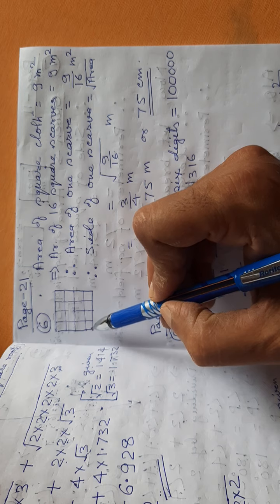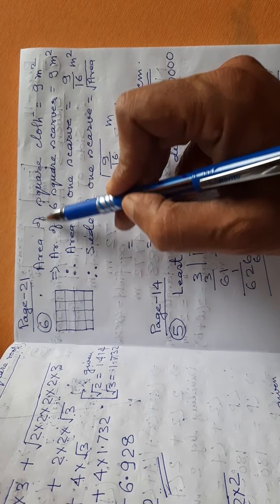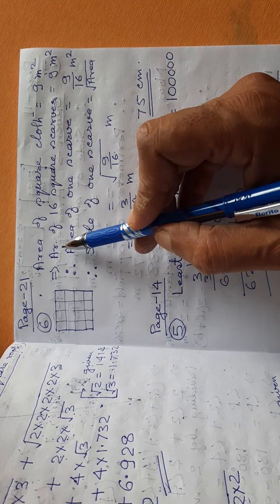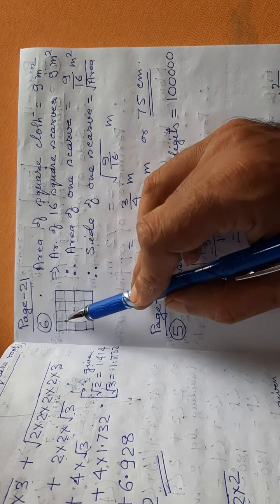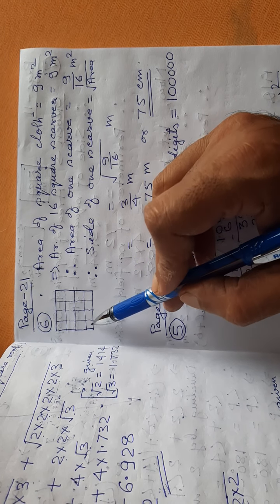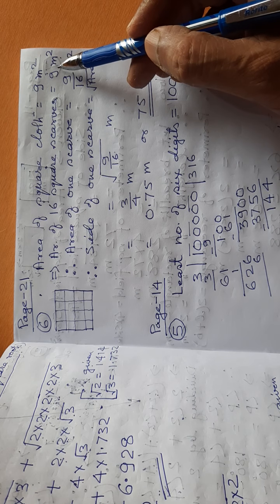This square piece of cloth has area 9 meter square. That means the area of 16 square scarves is equal to 9 meter square.